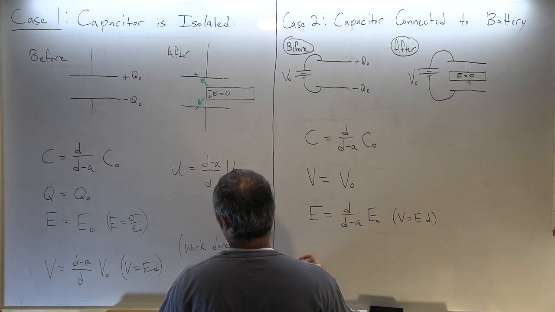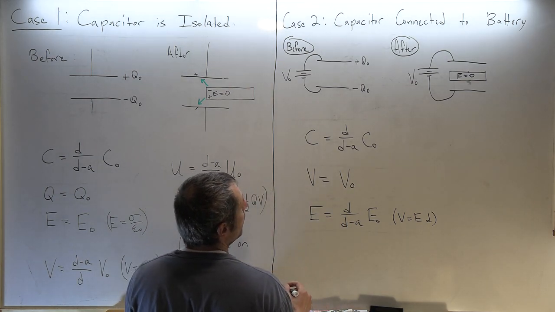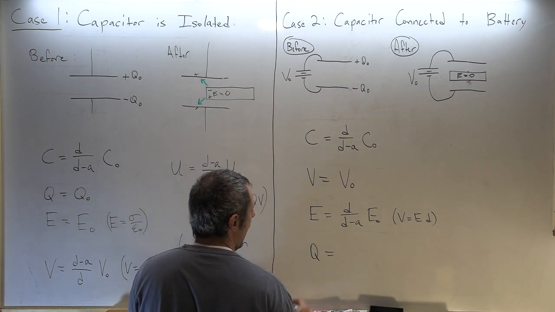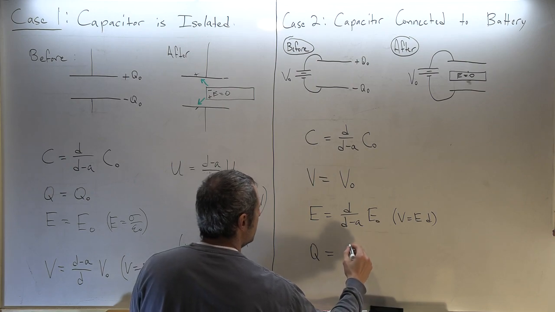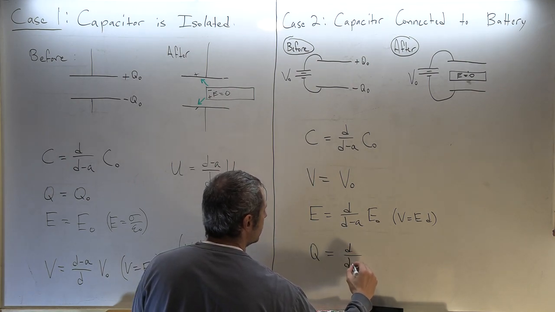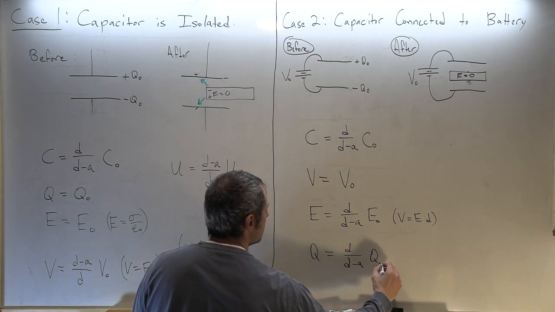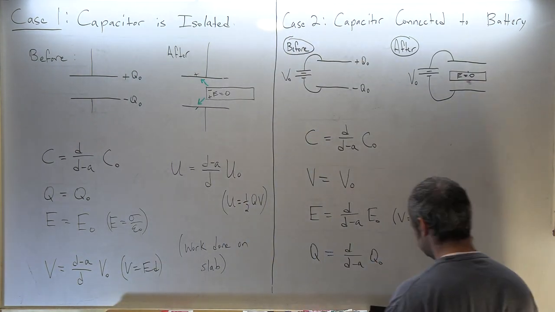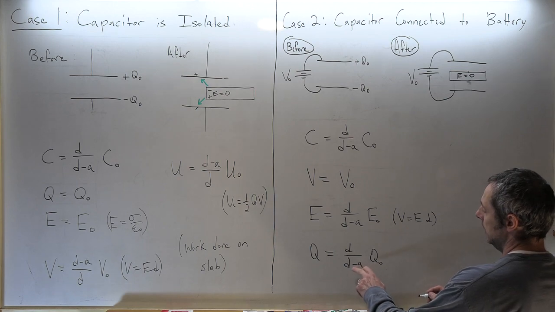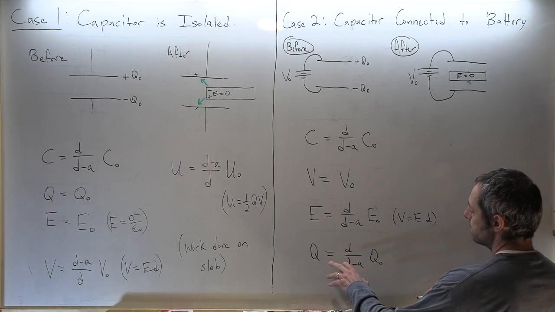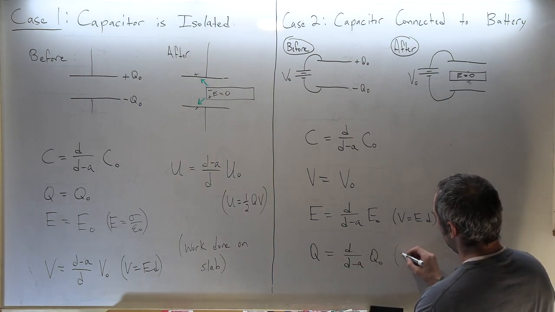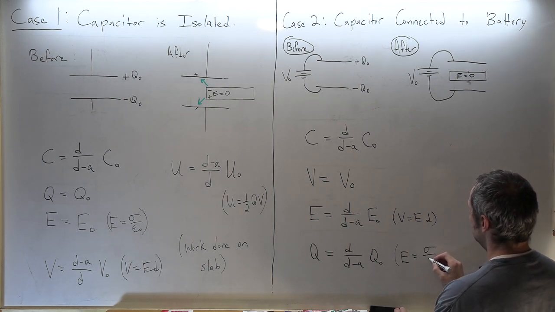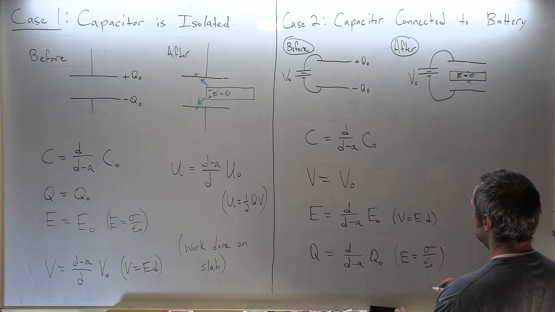Okay? Now, therefore, the charge now had to have increased because the electric field increased. How do we know that? Once again, we know from Gauss's law, the electric field is sigma over epsilon 0 inside of a capacitor.